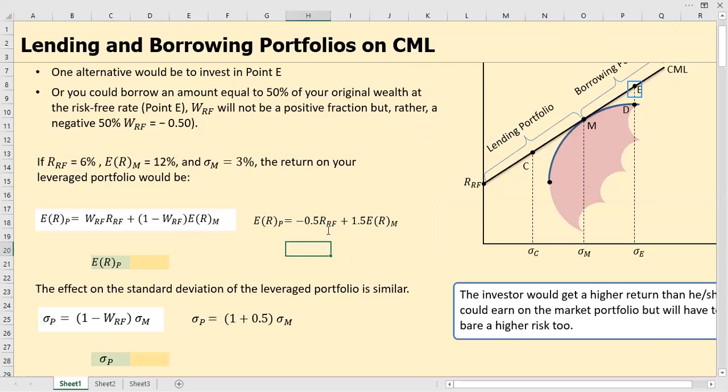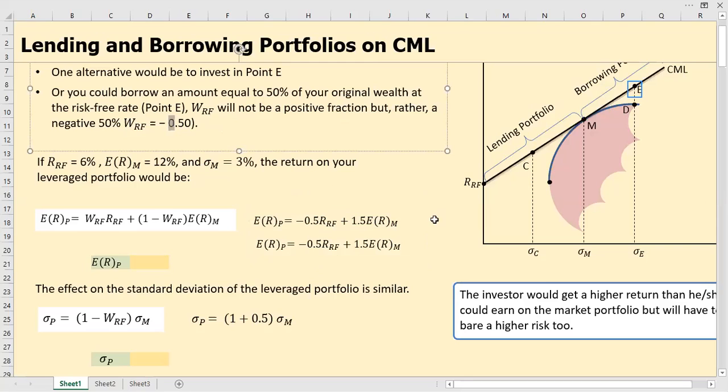So what I am going to do here is this. Now, you know, we are going to borrow money at point E. That means we are going to borrow 50% of our original wealth from the outside. So if our original wealth is equal to 100, that means 50% we are going to get from outside at the risk-free rate.